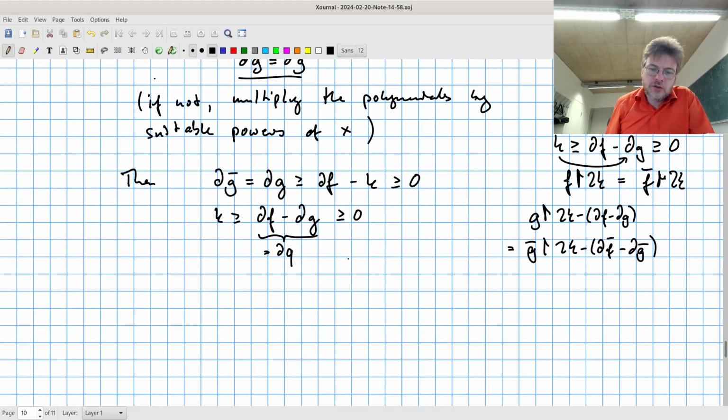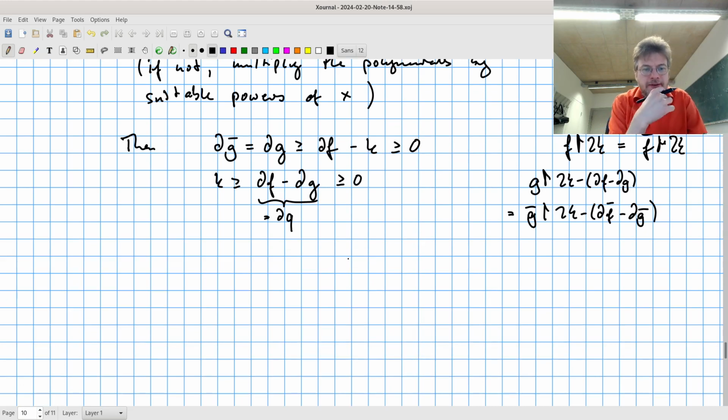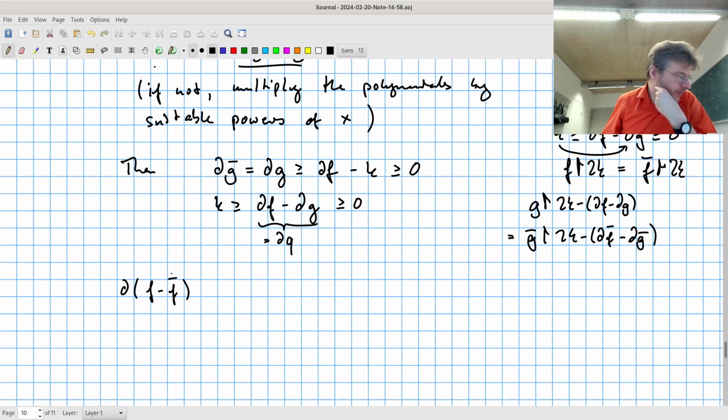Okay, so with this preparation I can now investigate what I can say about the degrees of the differences of the original polynomials and the corresponding barred polynomials. So in particular, first it's f minus f bar. What can we say about this? Now the degree of this is at most, or actually less than the degree of f minus 2k.